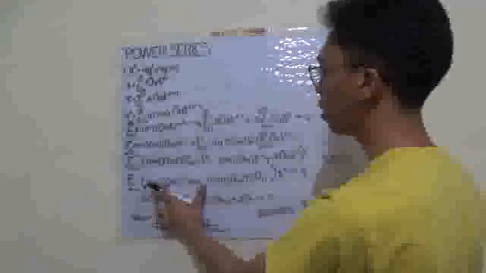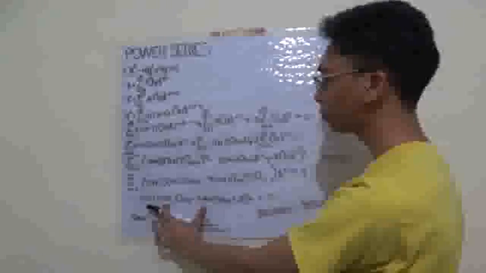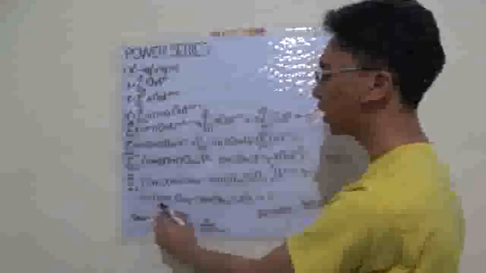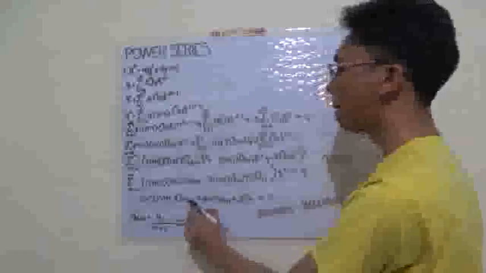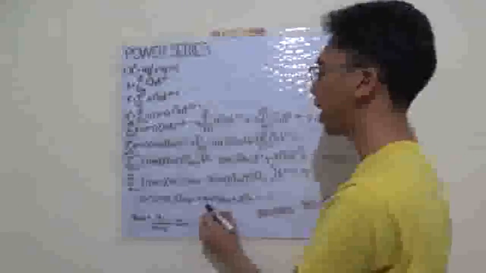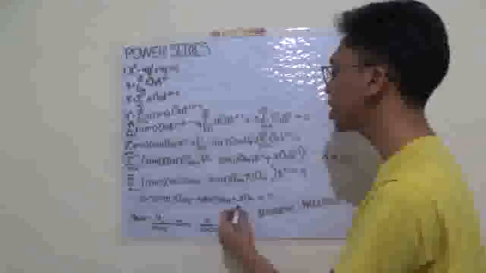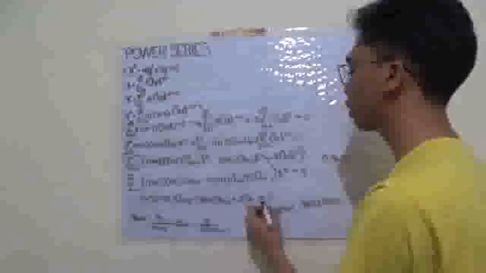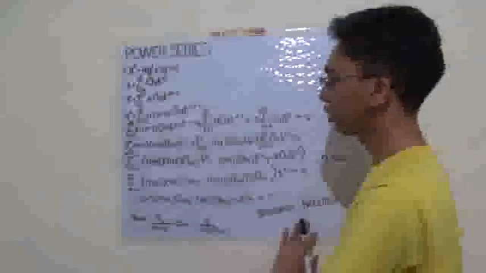And from the equation we can have n plus 2 quantity n plus 1 times a sub n plus 2 minus 4 quantity n plus 1 times a sub n plus 1 plus 3 a sub n equal to 0. And from our simplified equation, we can now have our recursion relation.